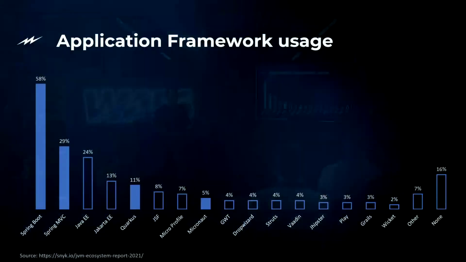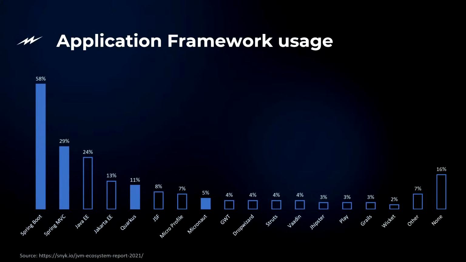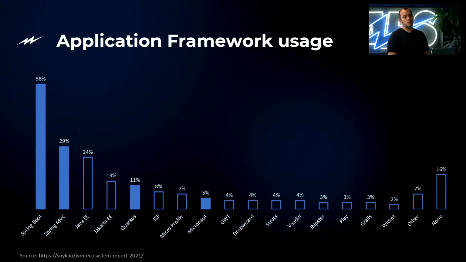So here we can see a chart comparing a lot of frameworks. This is a survey. They asked which framework are you using. And as we can see in the left part, Spring Boot and Spring MVC are the most used ones. Micronaut has 5% in this survey.